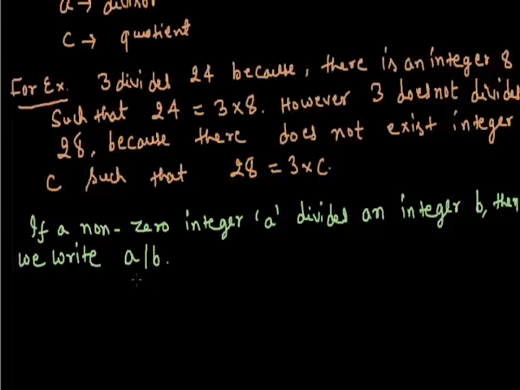This is read as a, this is the sign, divides b. We will write a with a crossed sign for that b is not divisible by a, so a does not divide b. This is the symbol for a does not divide b.